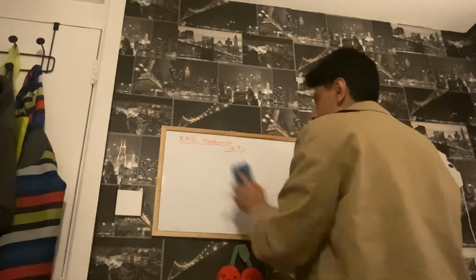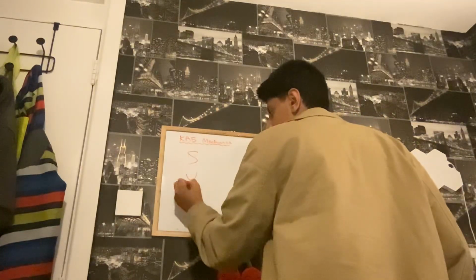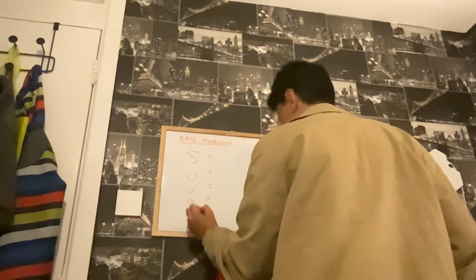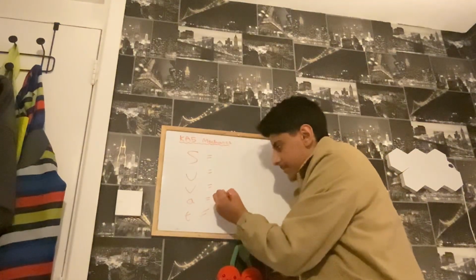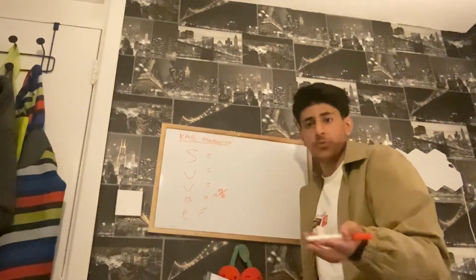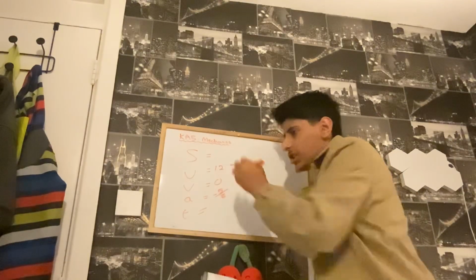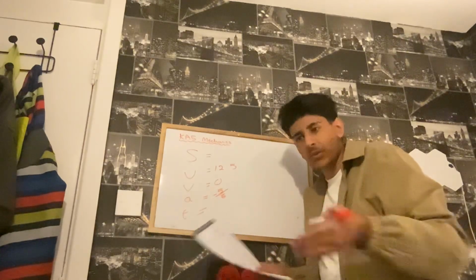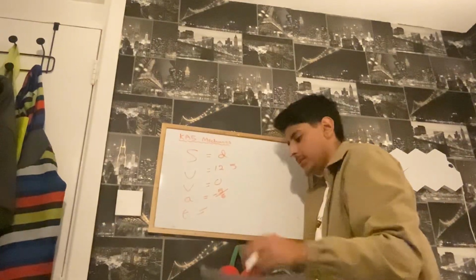SUVAT. The t has not been mentioned, but we know the acceleration will be minus 5 over 6. We know v, because it comes to rest, it will be 0. We know u is 12.5, because that's when it broke. And s is d, so we don't know what that is.